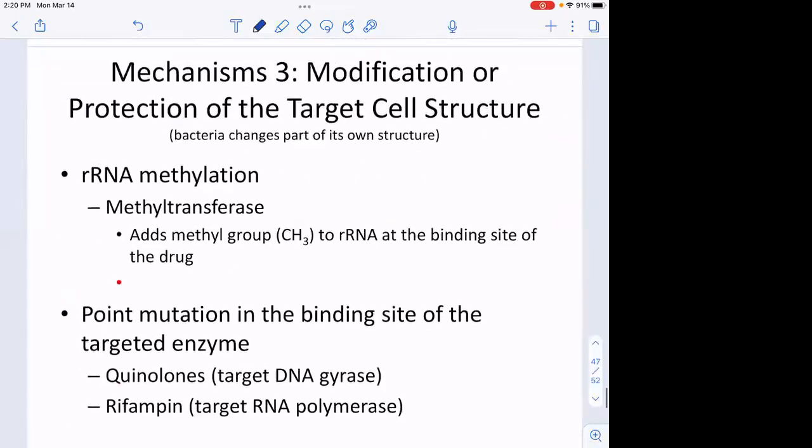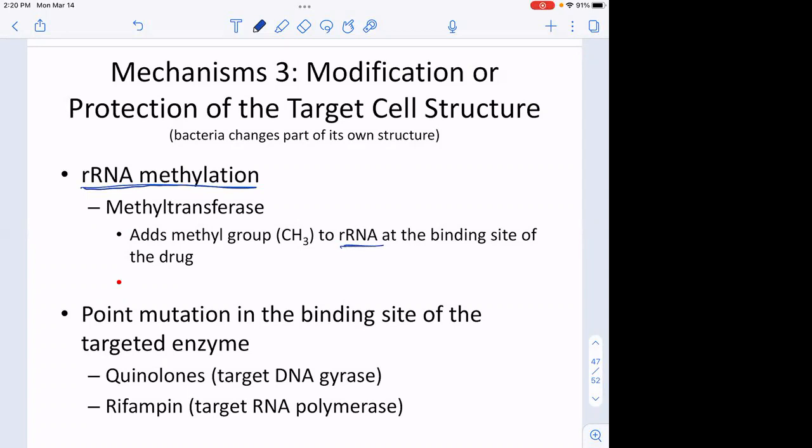And the third mechanism is that the bacteria can change itself so that the antibiotic can't bind anymore. Some examples here: ribosomal RNA methylation. They acquire the ability to add methyl groups to some of their ribosomal RNA, and remember, that's what's in the ribosome that the drugs actually bind to.